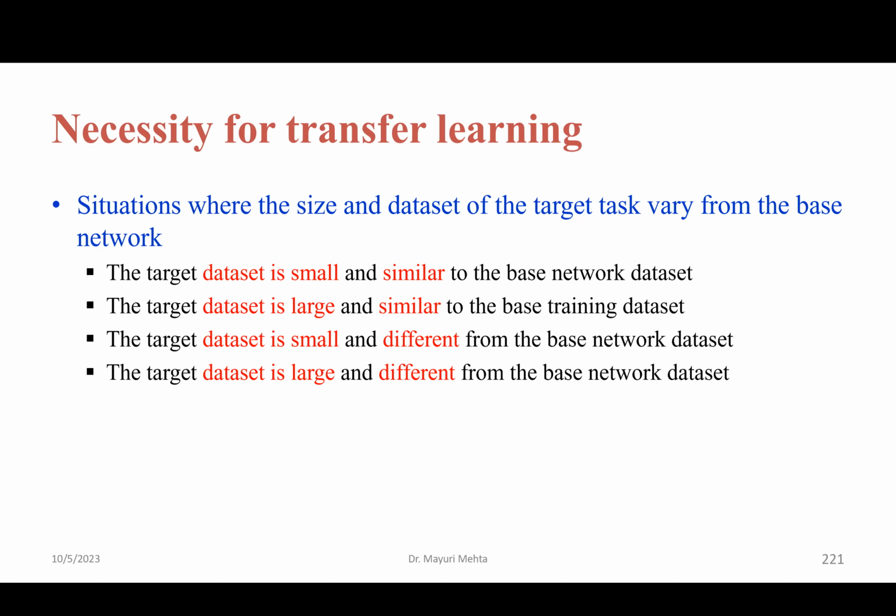Okay. So in summary, I may say that 3 important questions need to be answered during the process of transfer learning, and these 3 questions are: what to transfer, when to transfer, and how to transfer.